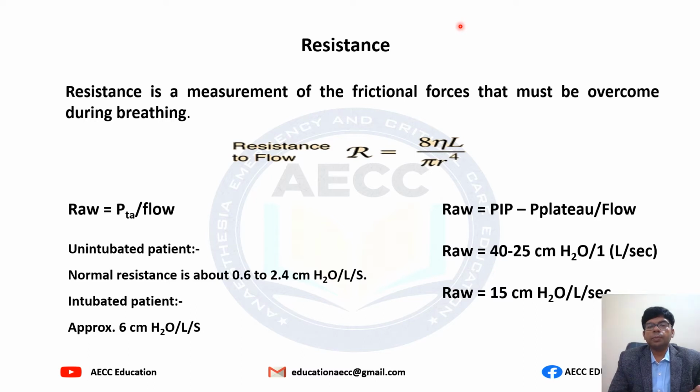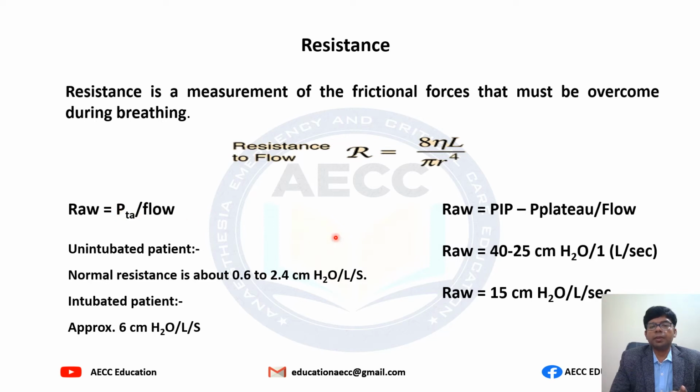The relationship of the gas flow, pressure and resistance in the airway is described by the equation of airway resistance. That is, airway resistance is equal to transairway pressure divided by the flow. As we already saw in the equation of motion, the product of resistance and flow is equal to the pressure, that is the transairway pressure.